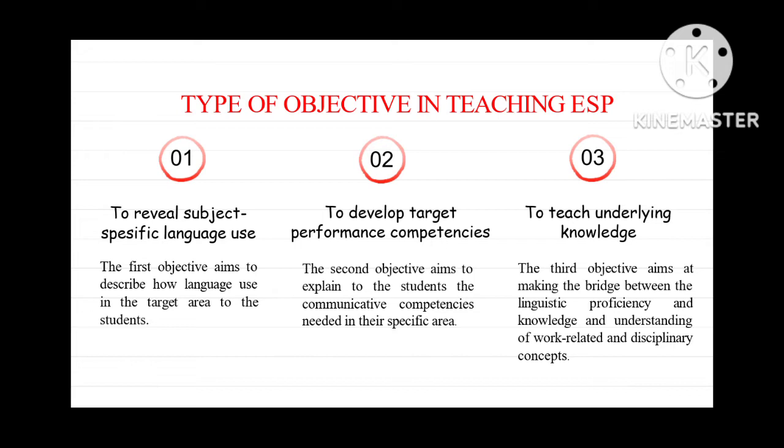Third, to teach underlying knowledge. The third objective aims at making the bridge between linguistic proficiency and knowledge and understanding of work-related disciplinary concepts. An example of the implementation of ESP to teach underlying knowledge is an ESP course for tourism.